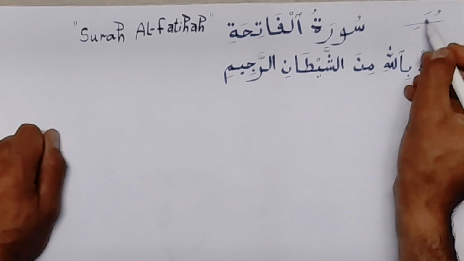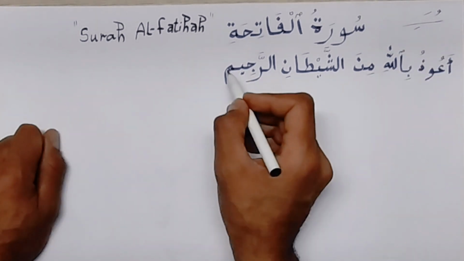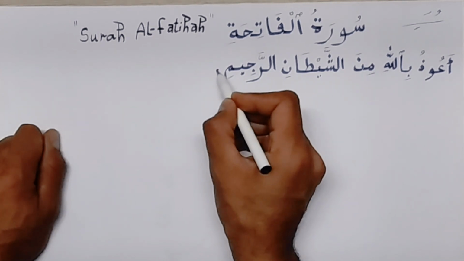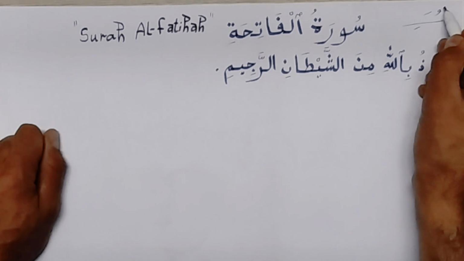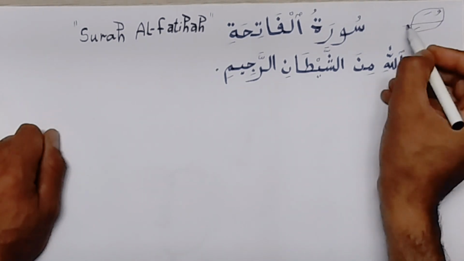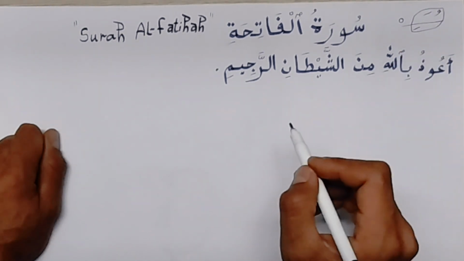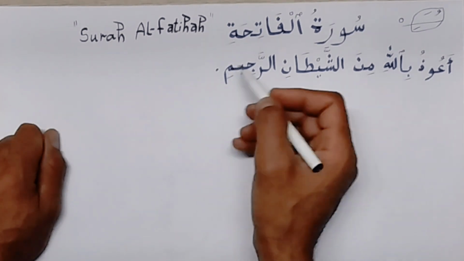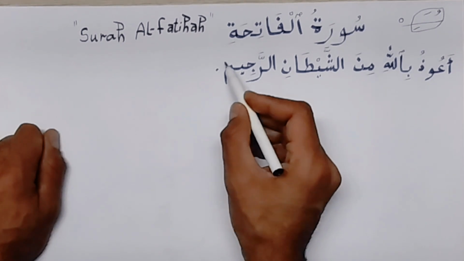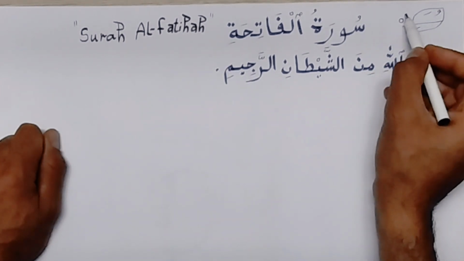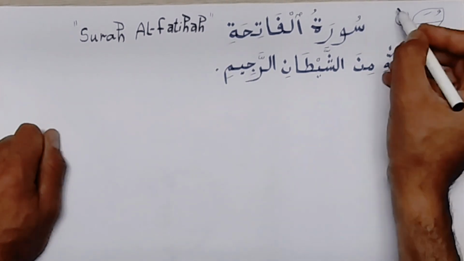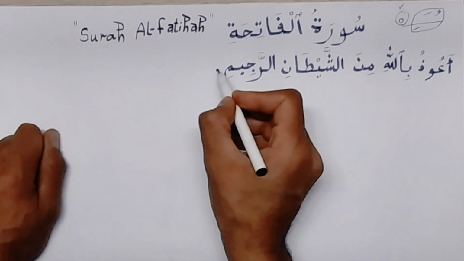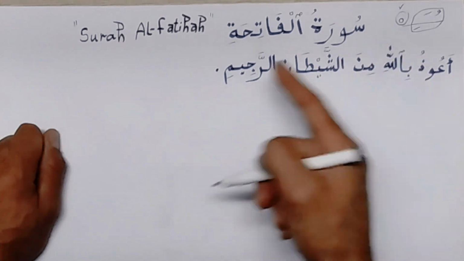When we have one of these harakats, and then, for example, here we have haraka, and then we stop, these harakats become sukoon. So we don't write sukoon, but we pronounce it. We say rajim, with sukoon. Okay? We use this when we stop. Of course, orally.